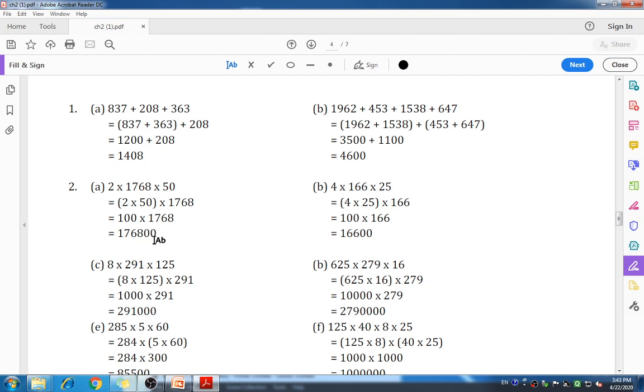While writing the answer I will put the same 0s here. There are two 0s, so I will write two 0s, and if I multiply any number by 1 I get the same number, so I will write 1768 as in the above step. So my answer is 1,76,800.